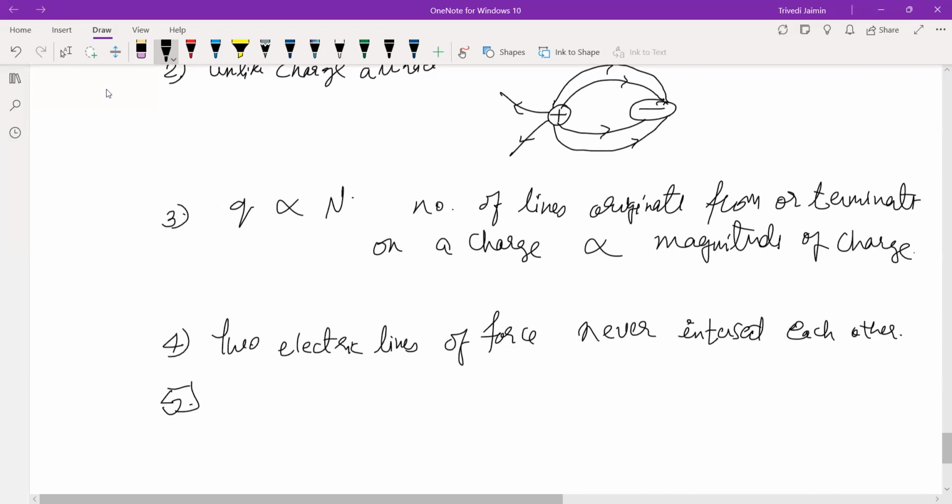Electric field lines originate from positive and terminate at negative.